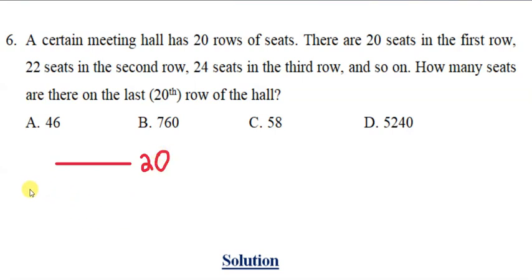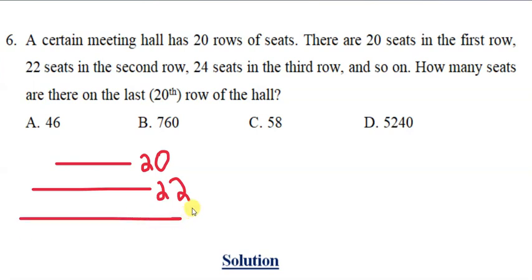On the second row, again a straight line, there are 22 seats, and on the third row there are 24 seats.